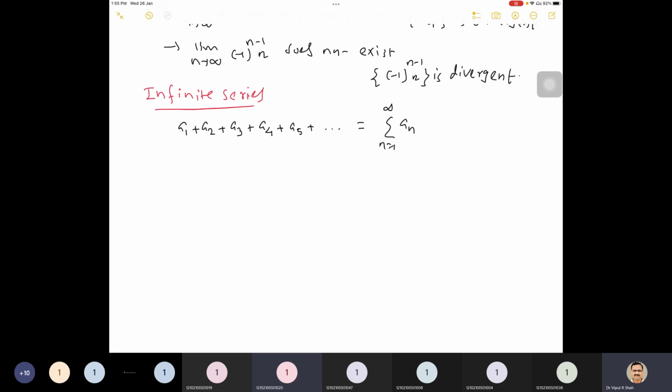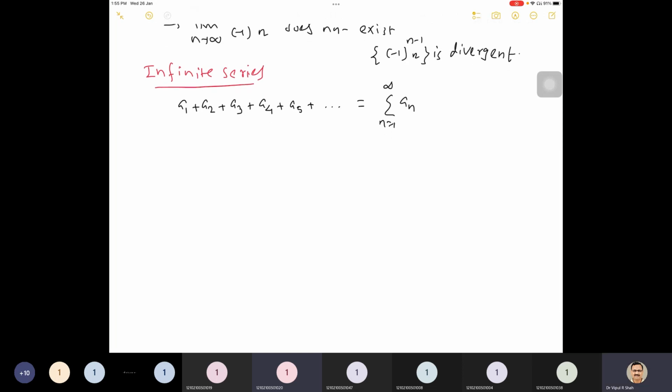Okay. Now the question we ask is, there are infinitely many terms, and we are adding all the terms. Is the sum of this infinite series possible?